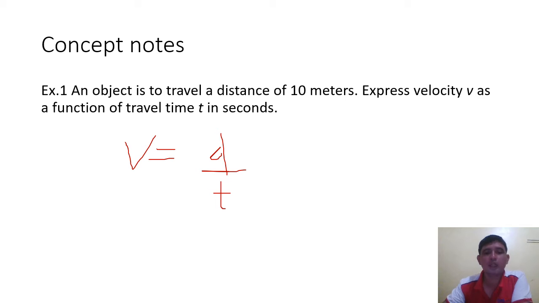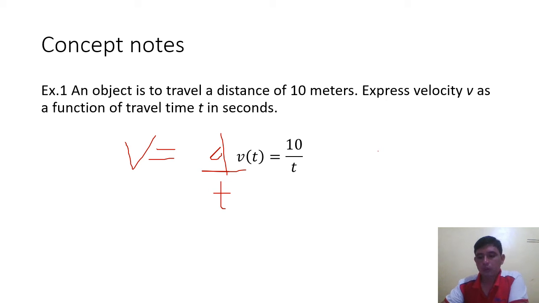Since 10 meters is given, simply substitute 10 for d, and t will serve as our variable with respect to time. Therefore, the function is v of t equals 10 over t.